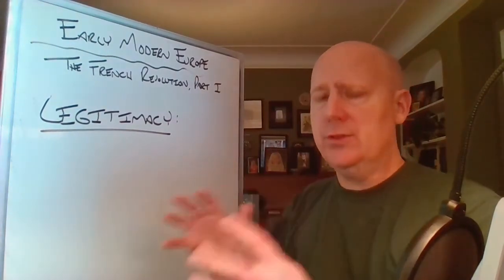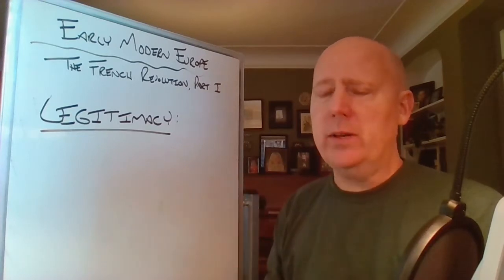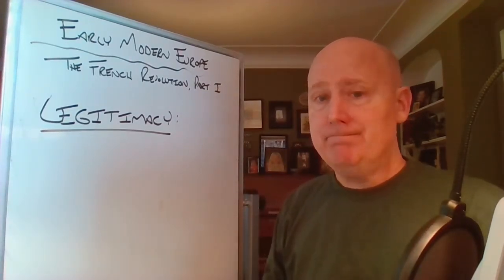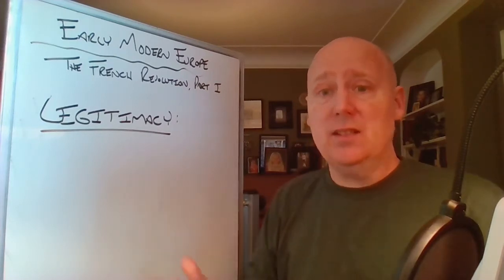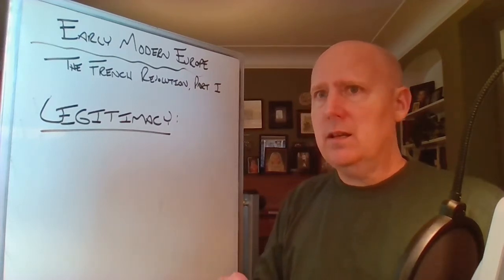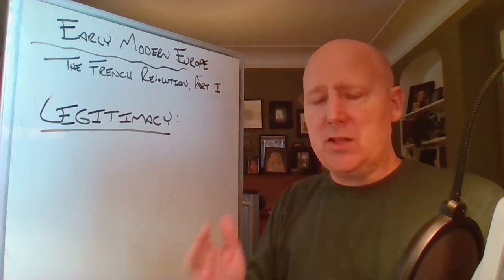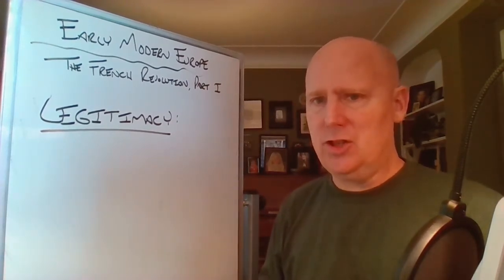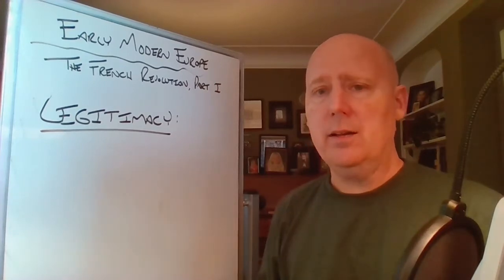What grounds it? How does it explain itself? How does it prove that it's legit, that its authority and its power come from a real place and not just by fiat, right?